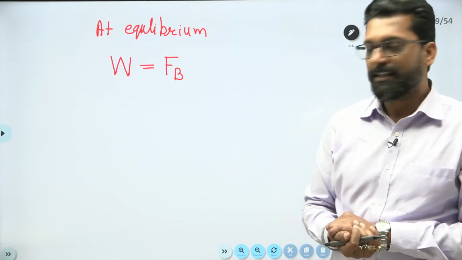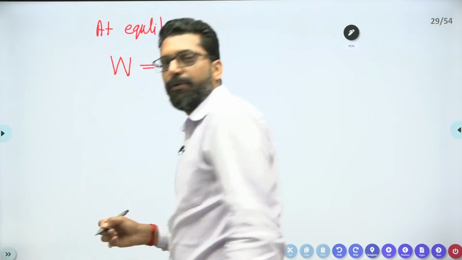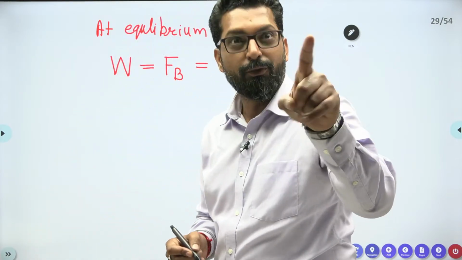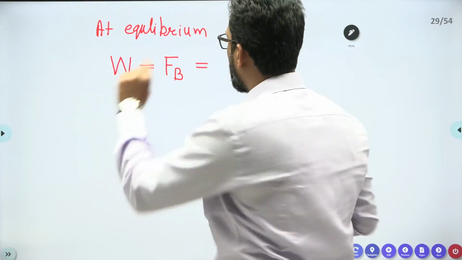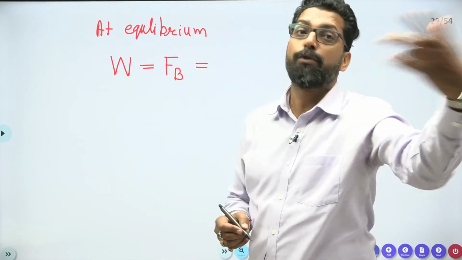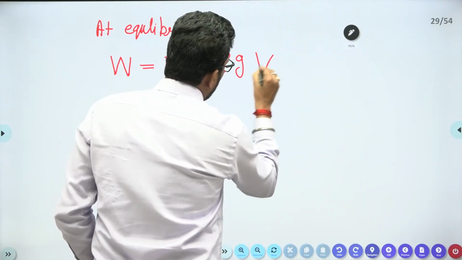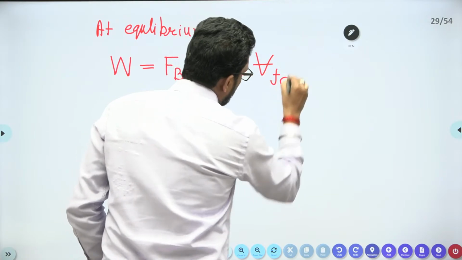And what is the buoyant force? It is the weight of the displaced fluid, so the buoyancy force is rho g into the volume of fluid displaced.